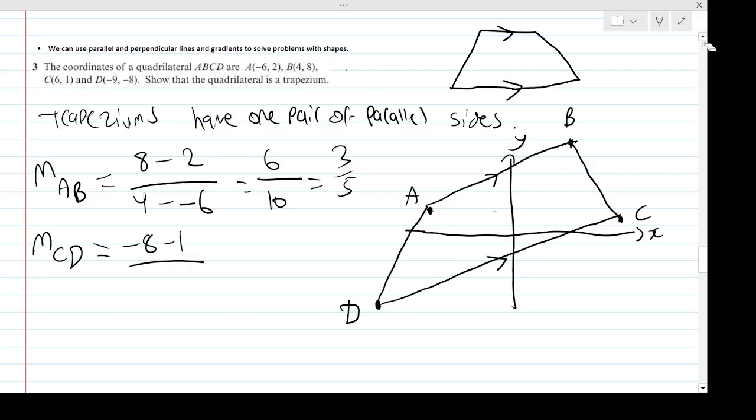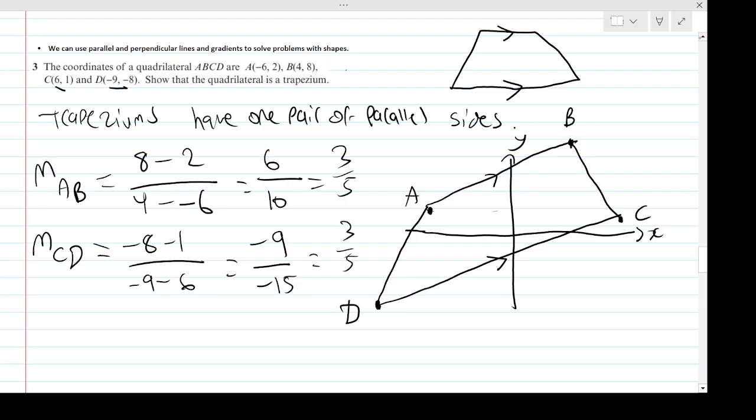Then I'm going to take away the X values together. So -9 here, take away 6. And so that would get me -8 minus -1 being -7, over -9 minus 6 is -15, okay? And actually what turns out is that simplifies to 3/5. Well, what do you know?